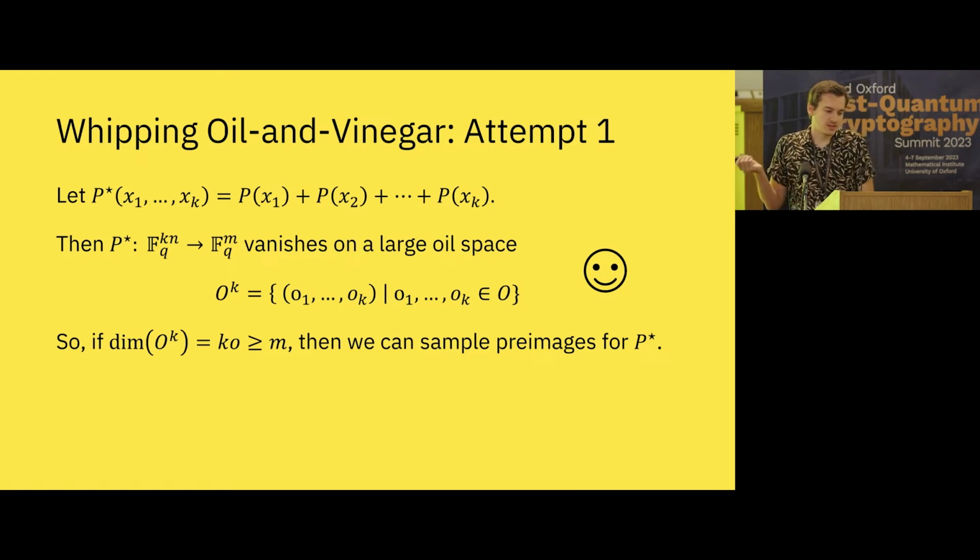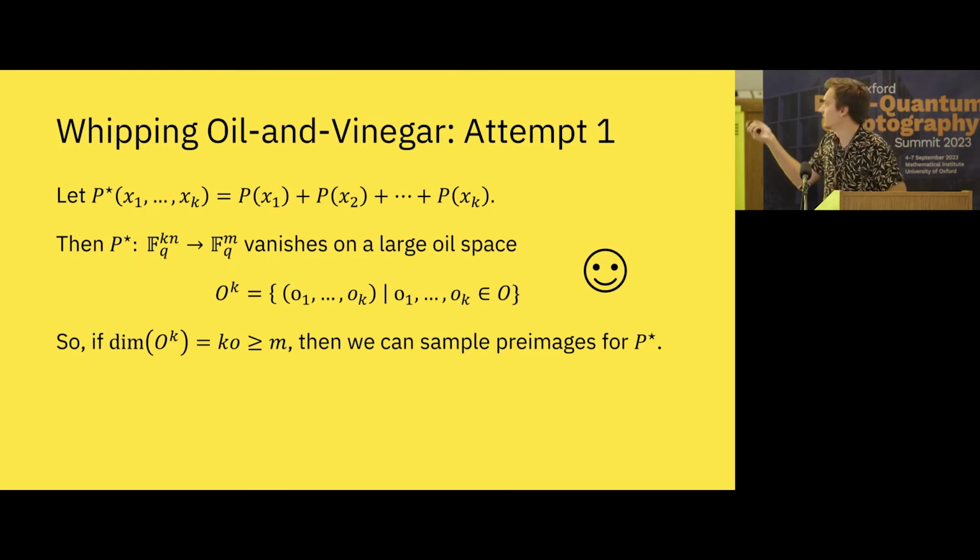A naive thing that you could try to do is define the bigger map P star to be the sum of k times the same function on independent inputs. Of course, if P vanishes on a space O, then P star vanishes on this space O to the k, which consists of all k vectors of O concatenated.